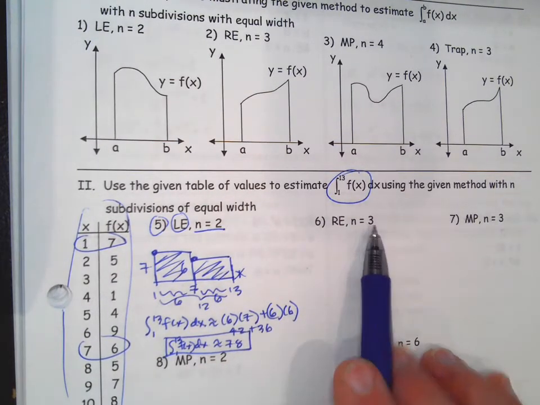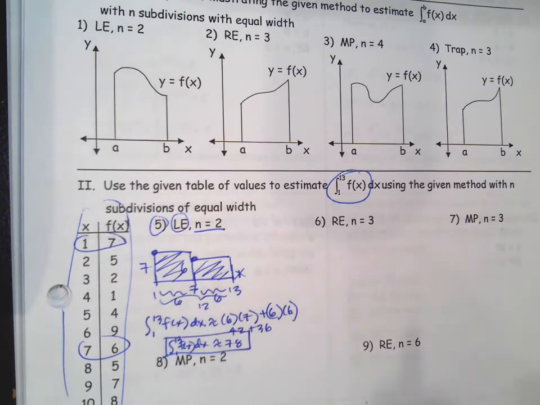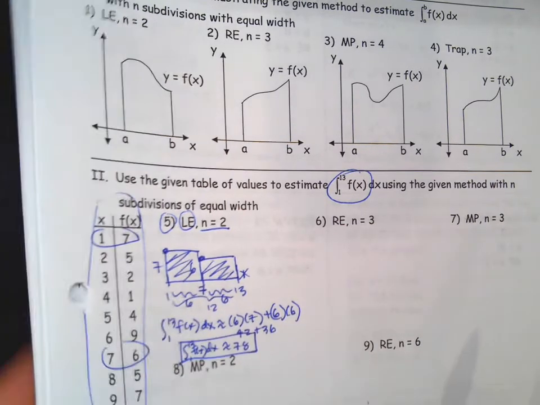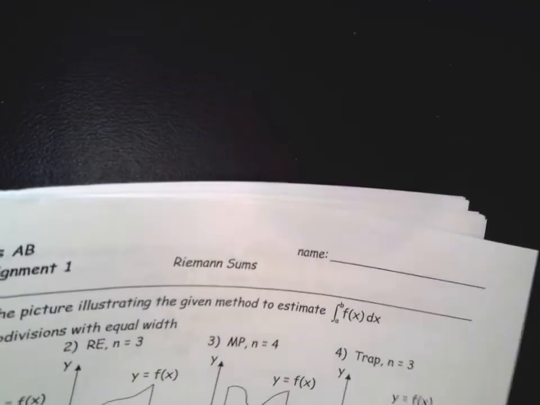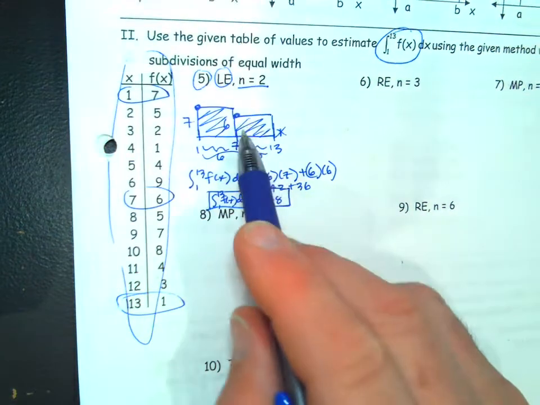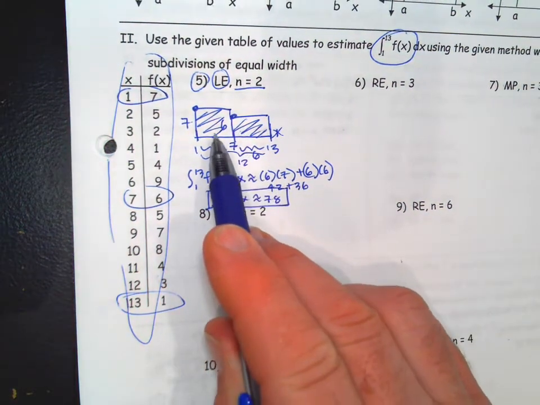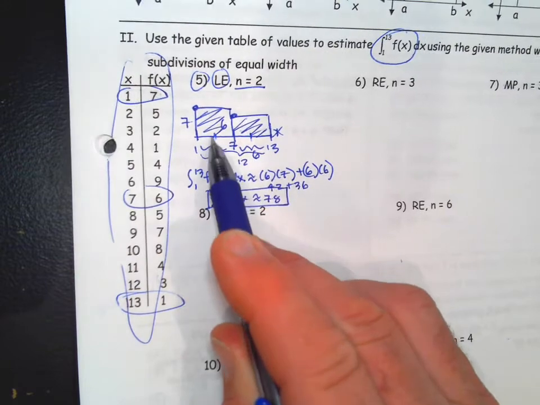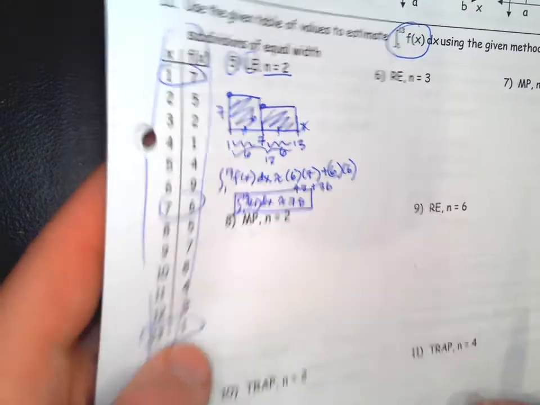With 3 subintervals, the slices are going to be in different places, and with 6, different places. You've got trapezoids and midpoints. The midpoint ones will look just like this, except that you're going to need to find the points in the middle to make your heights for those.